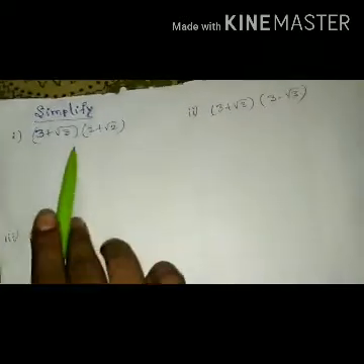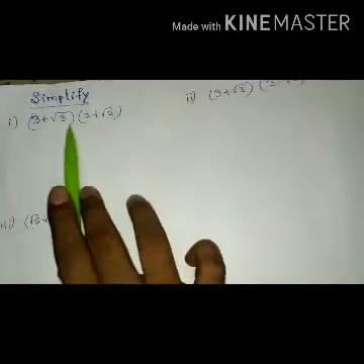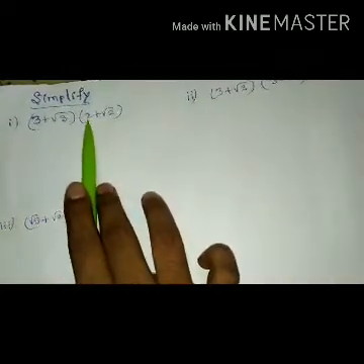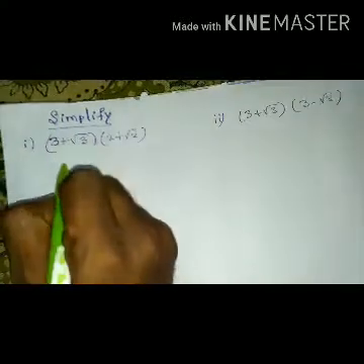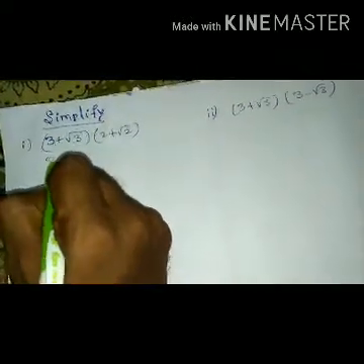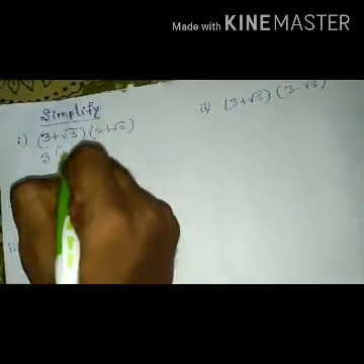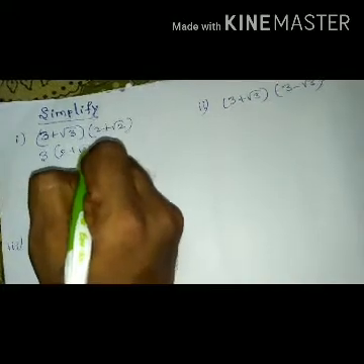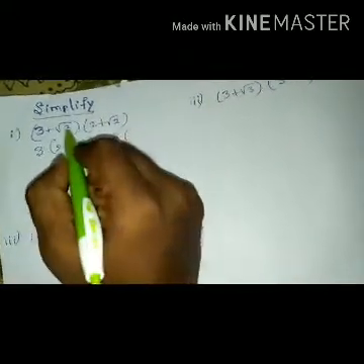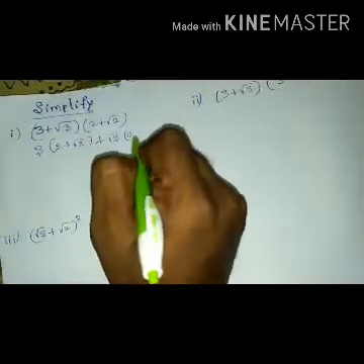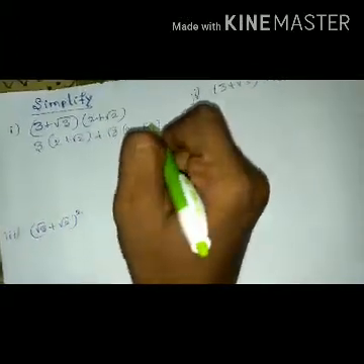Now I am explaining how to solve the problems. The first problem: (3 + √3)(2 + √2). Here these two are binomials. First multiply 3 into the second binomial, 3 into bracket 2 + √2. Then next √3 into bracket 2 + √2.